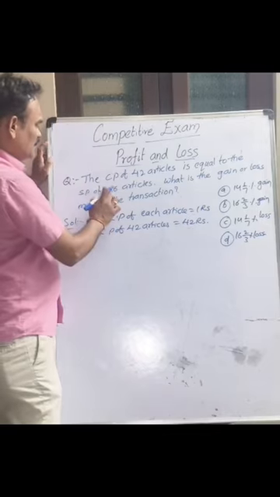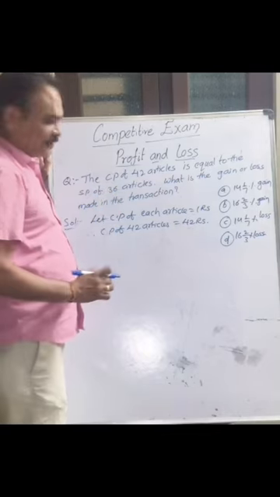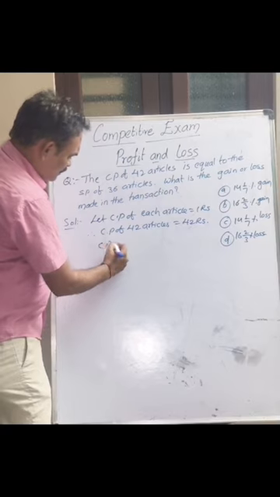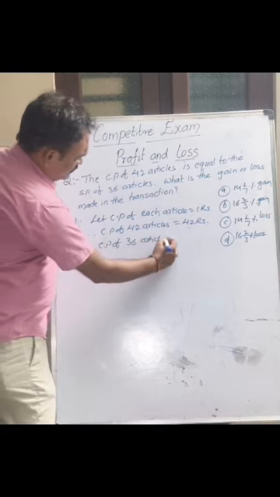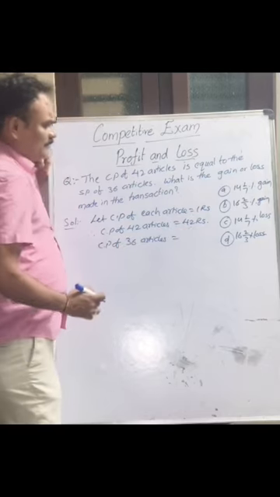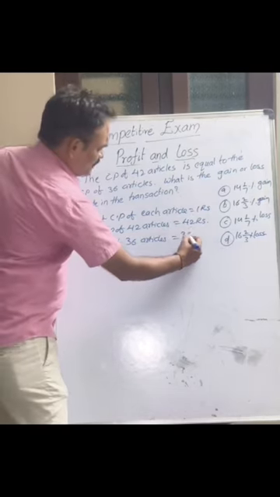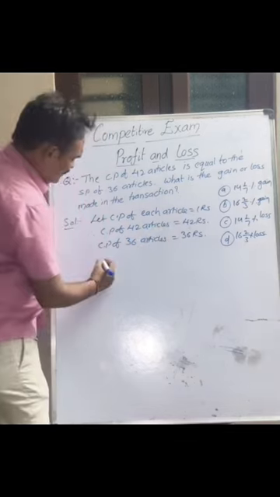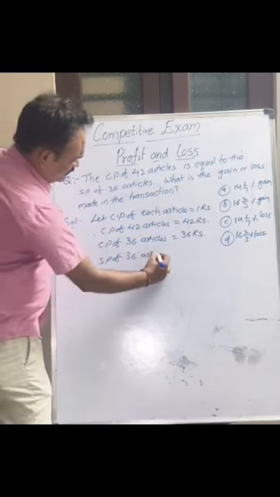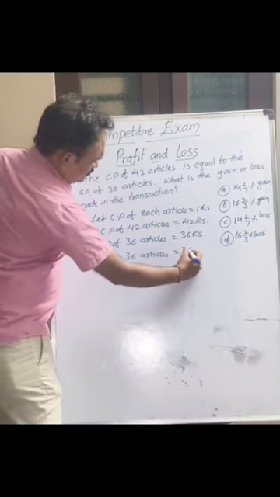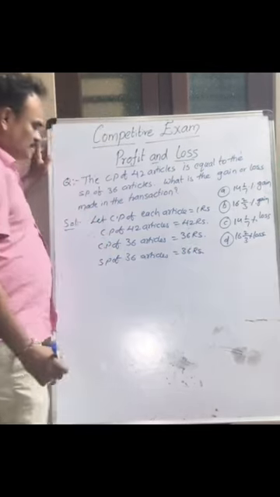That is equal to the selling price of 36 articles. Each article they purchase for 1 rupee, so 36 rupees. Similarly, that is equal to the selling price of 36 articles, that equals 36 rupees.